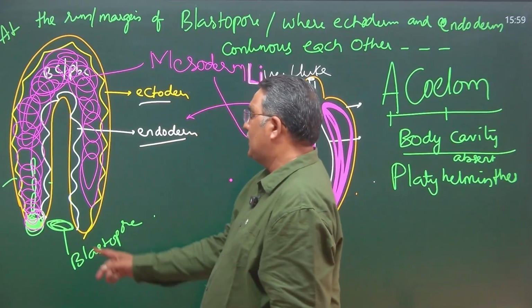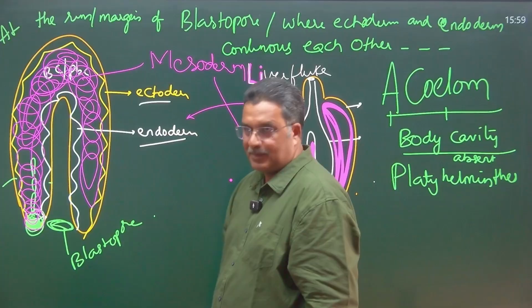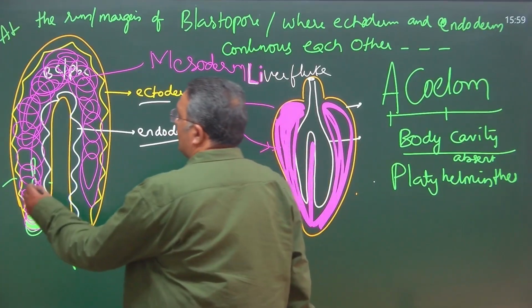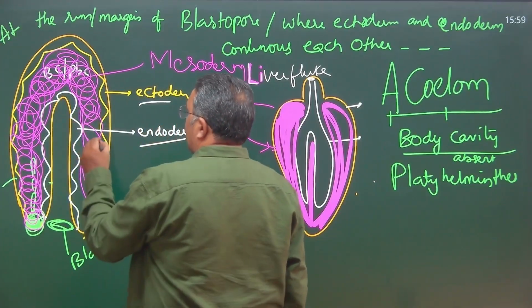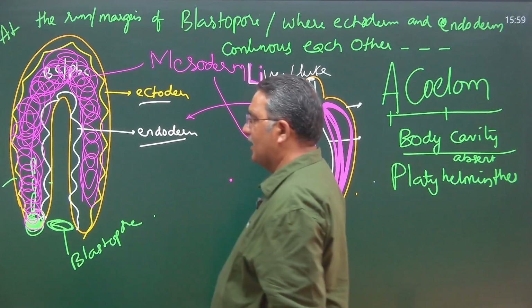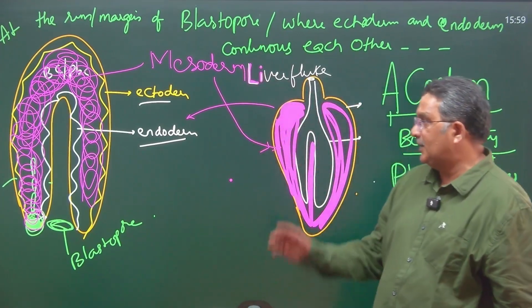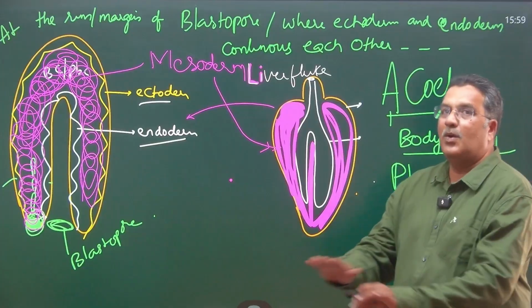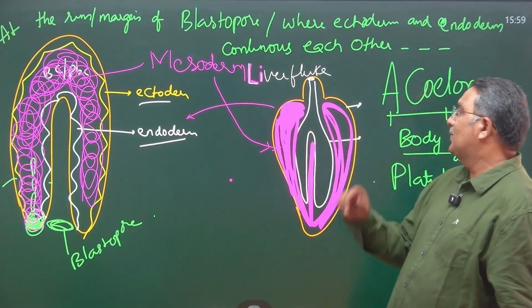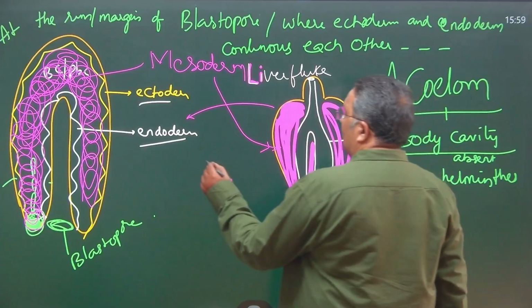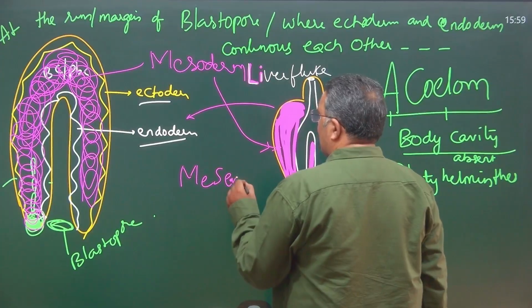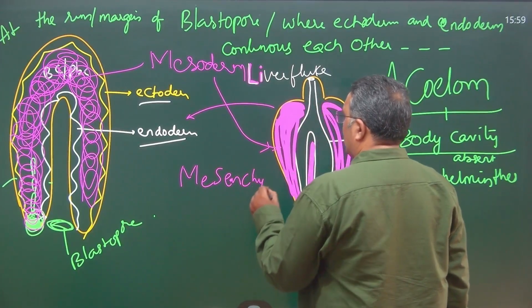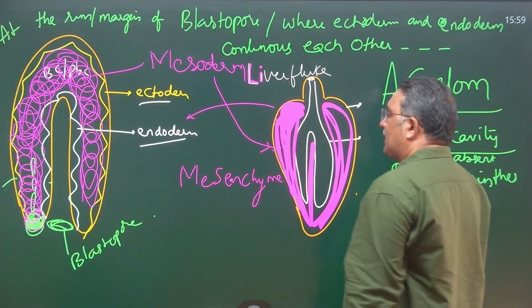The mesodermal cells that originated from there divide rapidly and filled the body cavity. So that mesoderm is the hero I said. What did the mesoderm do? It filled the whole cavity. That's why you don't have a cavity. Whatever is present, you can call a tissue named mesenchymal tissue. It is filled with mesenchymal tissue.